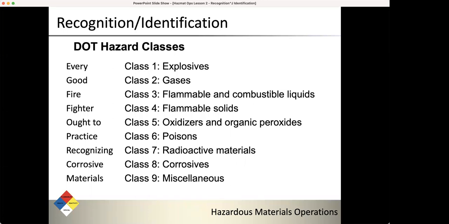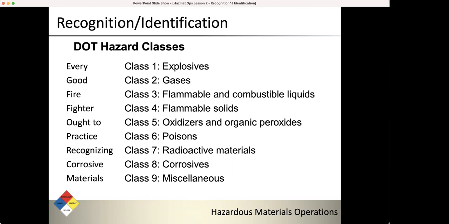So class 1 is explosives, class 2 any type of gas, class 3 is flammable and combustible liquids, class 4 is flammable solids, 5 is oxidizers and organic peroxides, class 6 is poisons, class 7 is radioactive, class 8 is corrosives, and class 9 is miscellaneous.